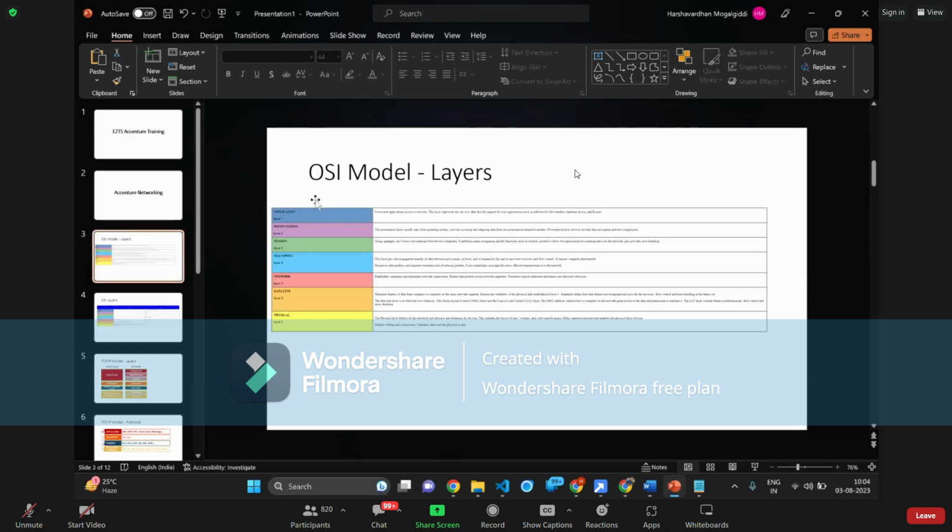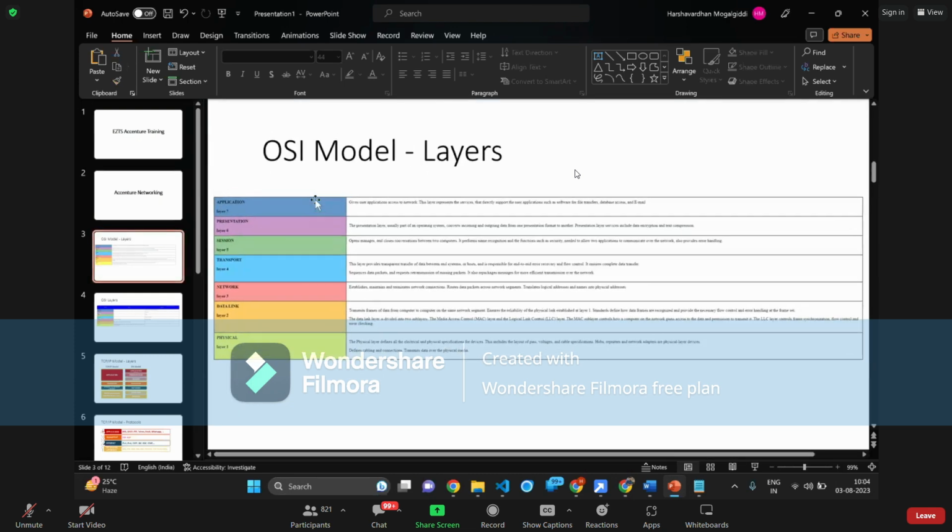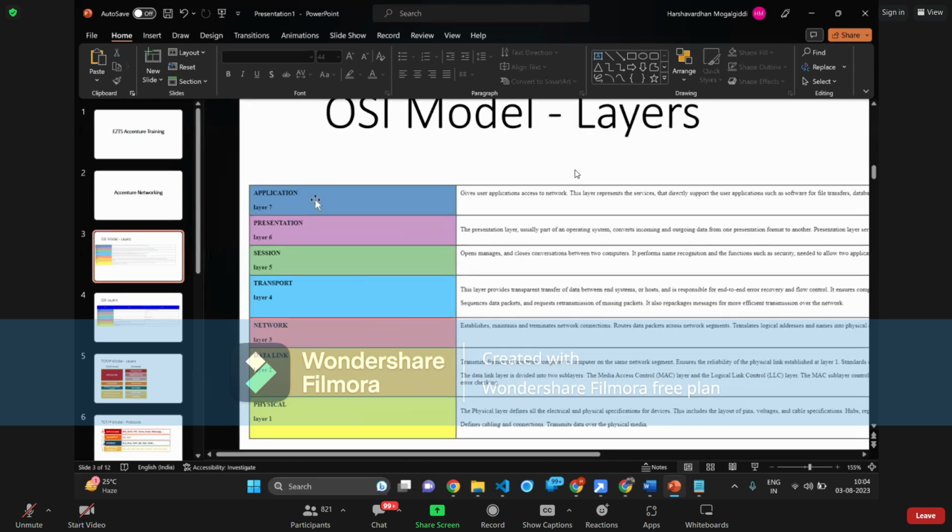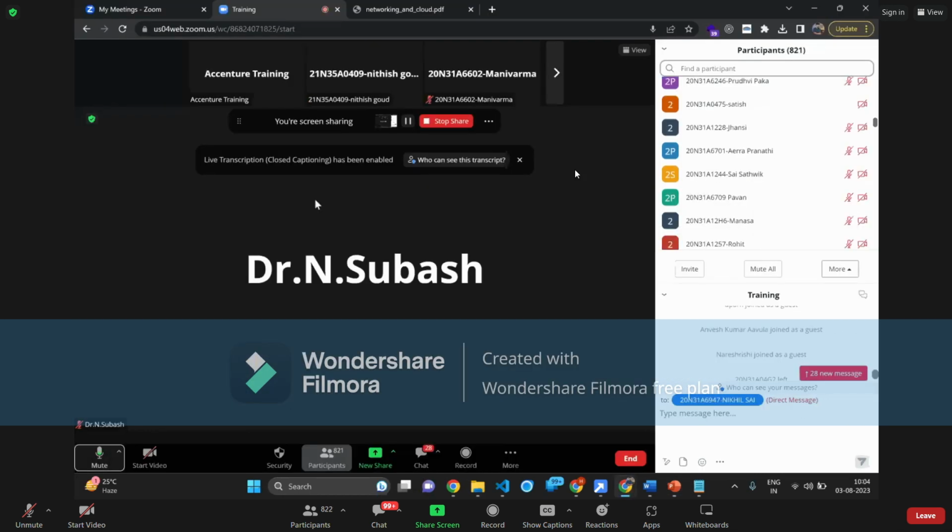First and foremost, everybody knows, if you're from a CN background, the different OSI model layers. How many of you know the OSI layers? At least you've heard. If you're from CSE, like I am, then it is a 5 mark answer, maybe a 2 mark VSA.